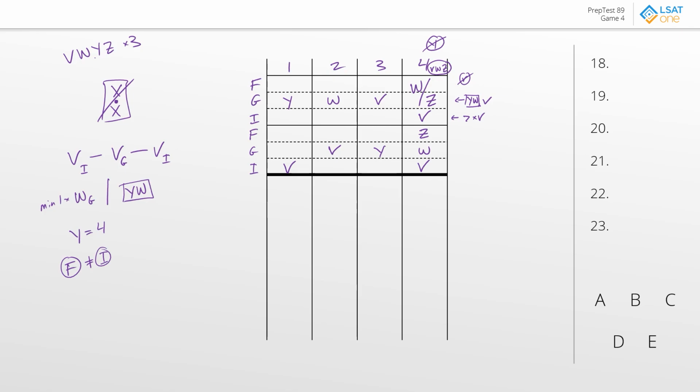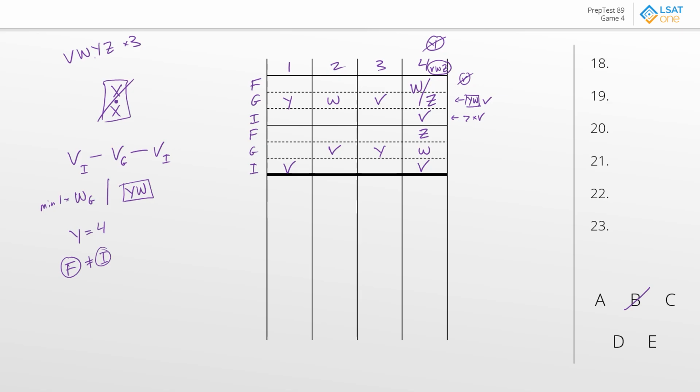Now we don't have India given to us, but we definitely have to have a V in Ghana, either in positions 2 or 3. So we can see if anything violates that. Answer choice A is looking okay. B, you'll notice, has V with Ghana in the 4th position, which could not work. So we can get rid of B. Answer choice C has V in 3, that's fine. D has V in 2, that's fine. And E has V in 3, so that's fine.